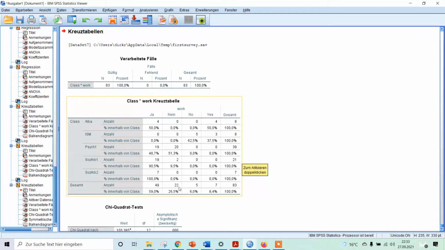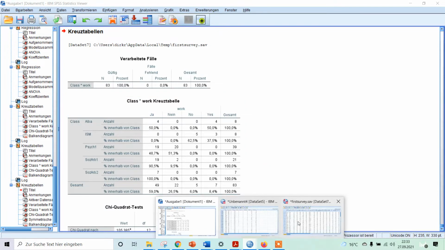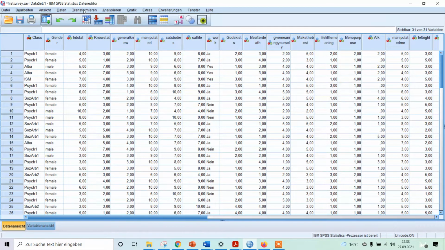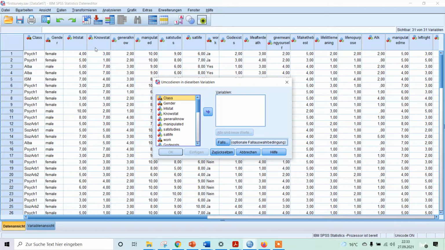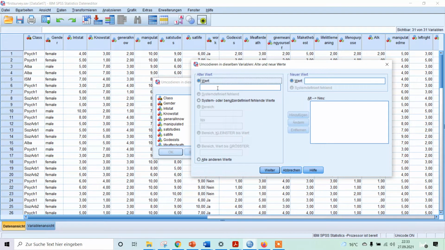So let's go back to the data set and click on transform. Recode, in this case let's recode into the same variable. So we will override our variable work. Let's first put our variable work here into the variable window, then click on old and new values, and here we can now say yes should become, or ja should become yes.